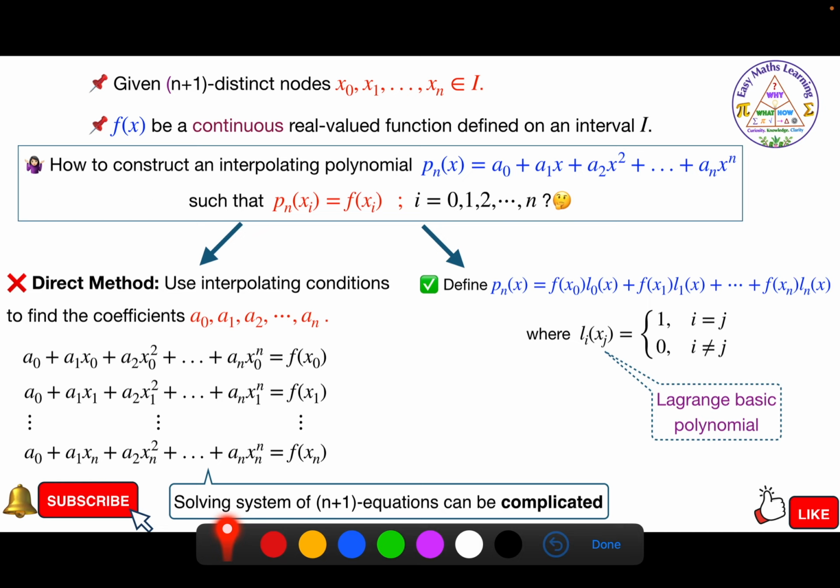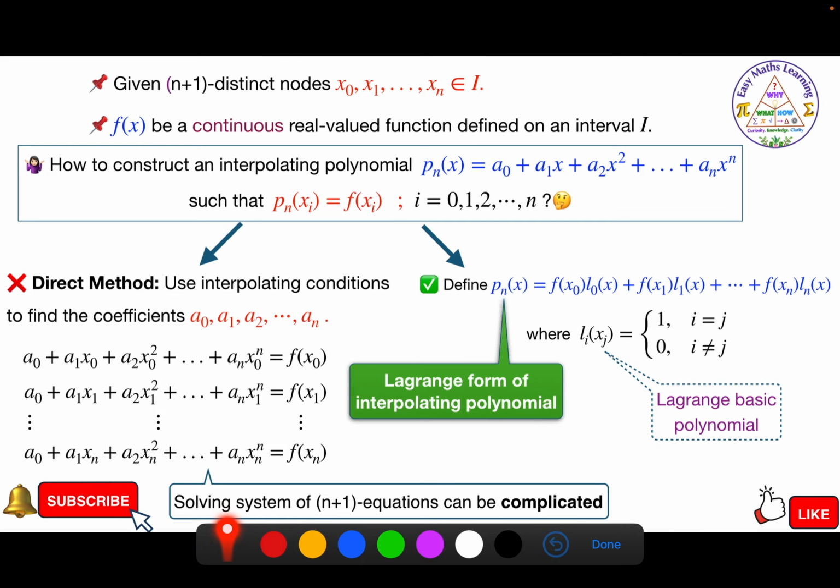These polynomials have a special property: Li(xj) equals 1 if i equals j, and it is 0 if i is not equal to j. Because of this special property, interpolating conditions are satisfied automatically and we don't need to solve a complicated system of equations. This form is called the Lagrange form because it is based on Lagrange basic polynomials.